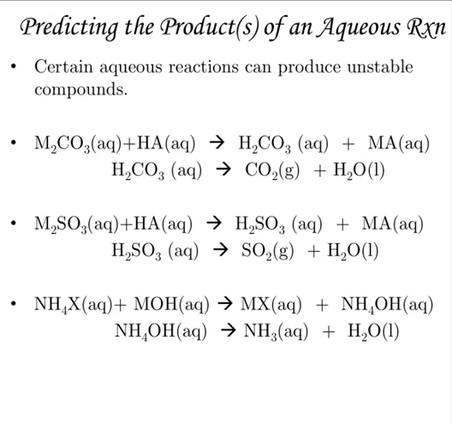The first type, number 1, is going to be the reaction between a metal carbonate, and this is usually going to be a group 1 metal, reacting with an acid, HA. Usually A is going to be the following: Cl, Br, iodine, nitrate, and also can be sulfate.